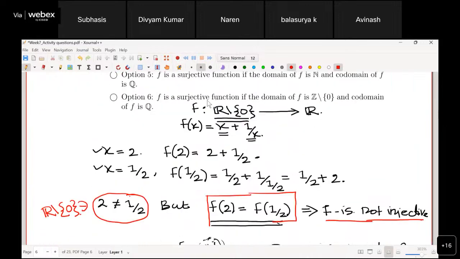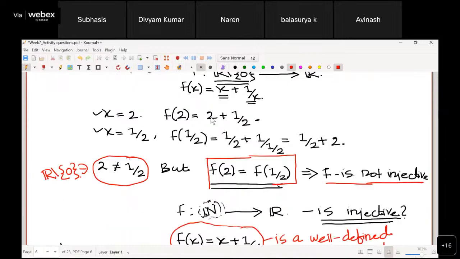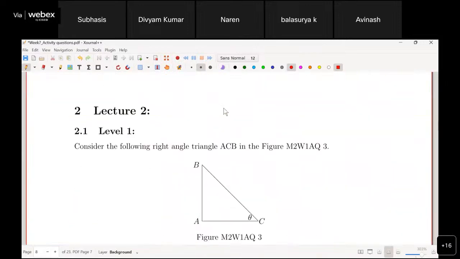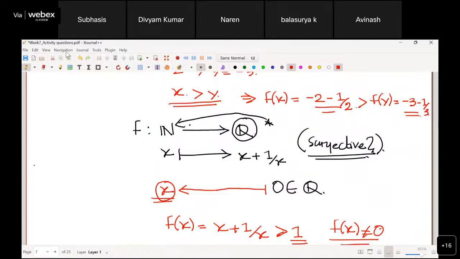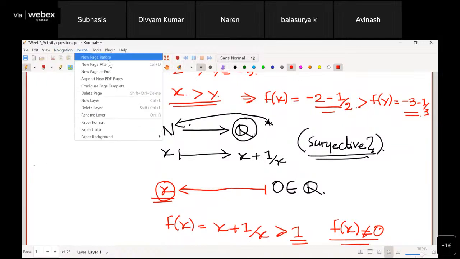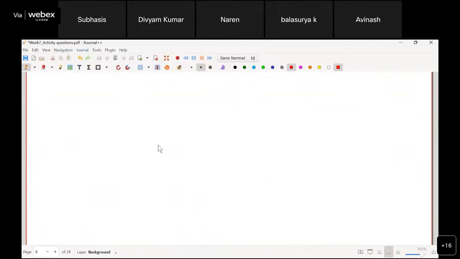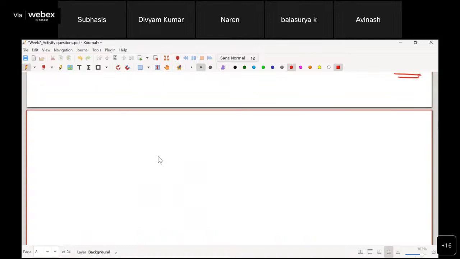So question number 6 says I just need to change the domain. Instead of considering this function from N to Q, I just need to consider it from Z minus 0 to Q. Basically the question is the same.